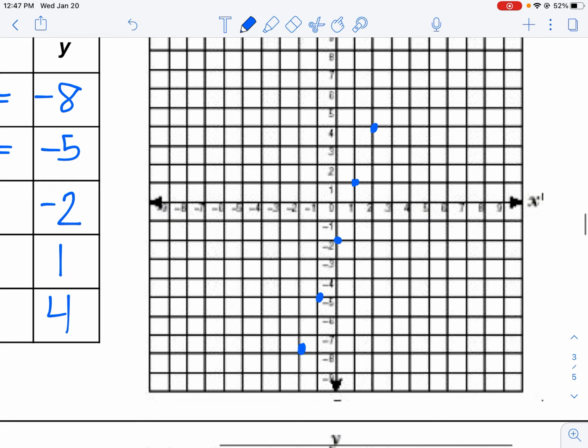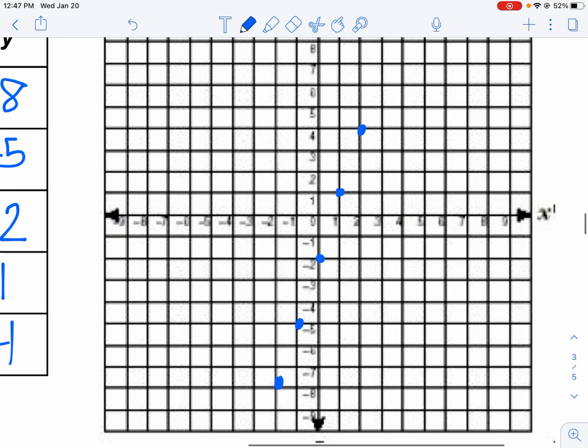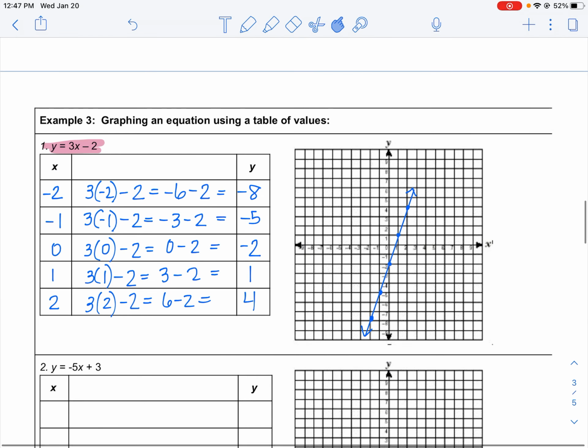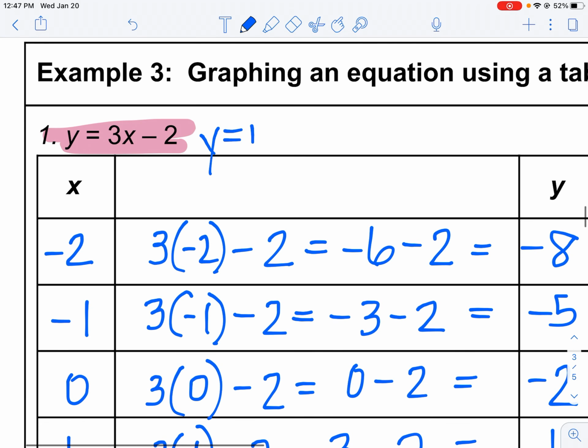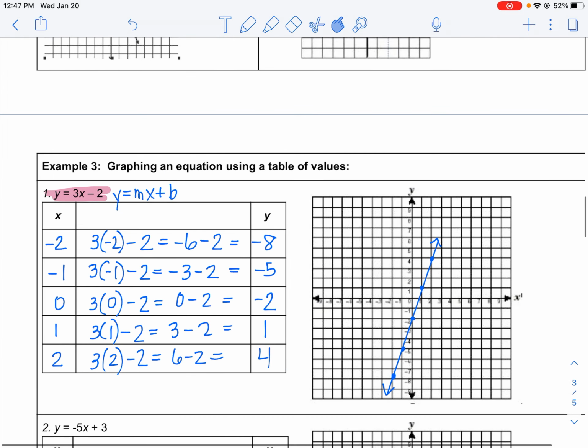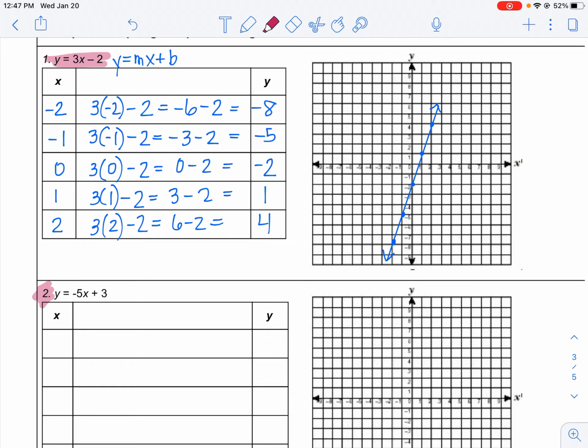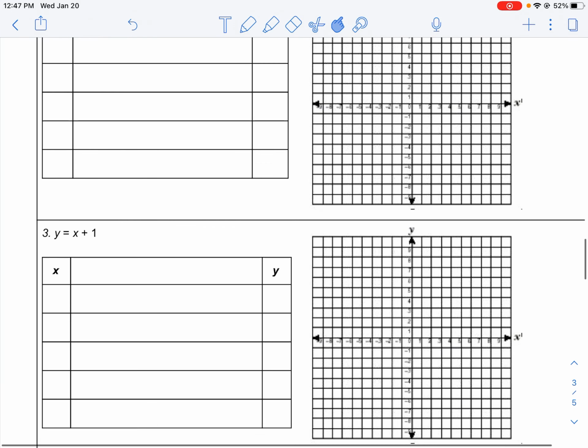And if you notice, while I am plotting these points, they do create a line, which they should, because you have a linear function, which is y equals mx plus b. You can go ahead and try number 2 on your own, and number 3.